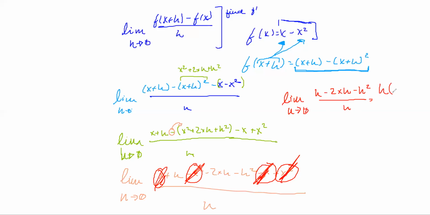I can say this is h times 1 minus 2x minus h, divided by h. Now, given that h does not equal 0, because you cannot divide by 0, we can cancel these out. Okay, so that leaves us with the limit as h goes to 0 of 1 minus 2x minus h.